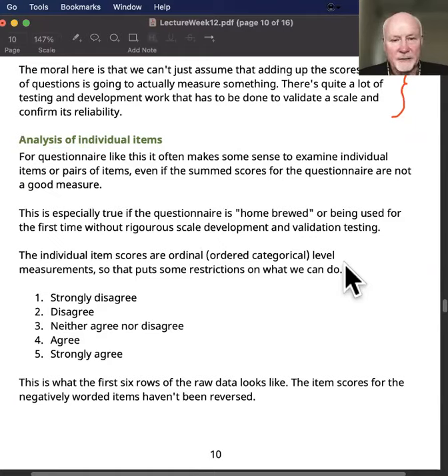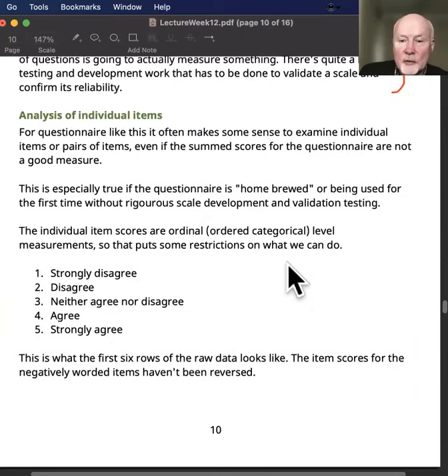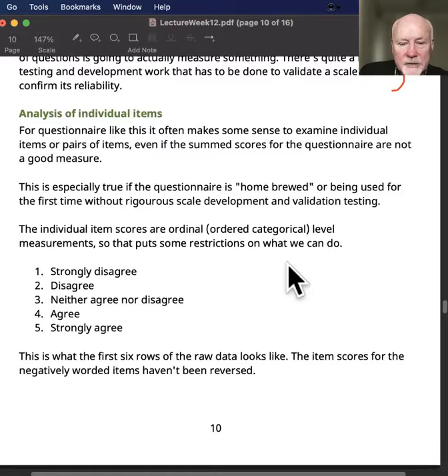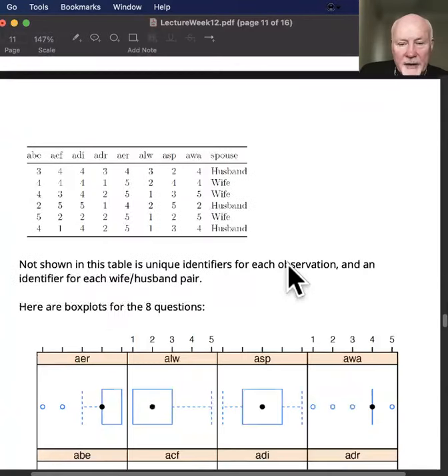They are all producing at best ordinal data. So there are some things you can do with ordinal data, and we haven't really talked about them much in the course.